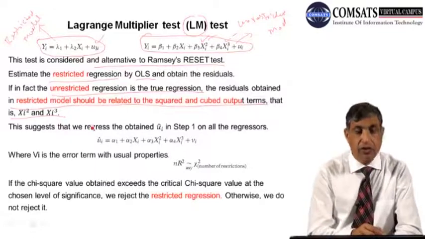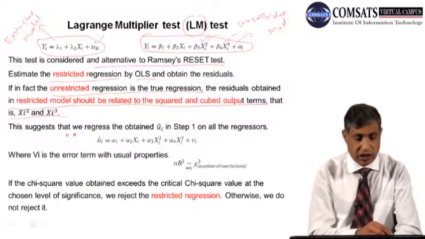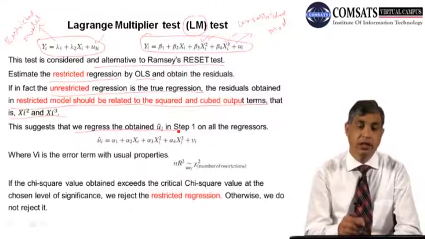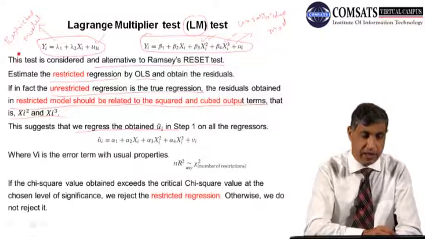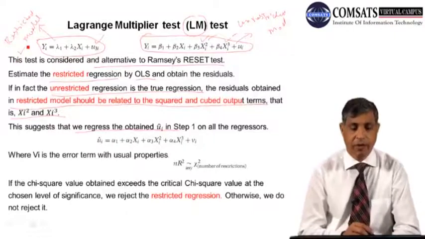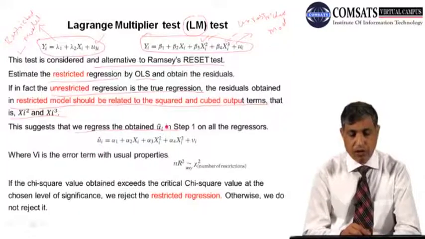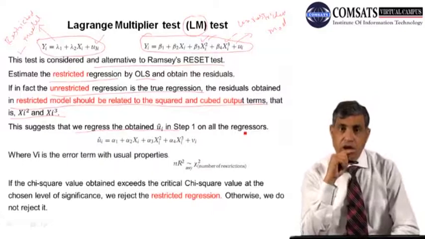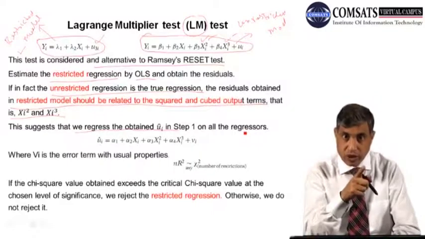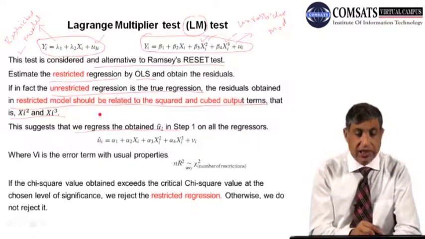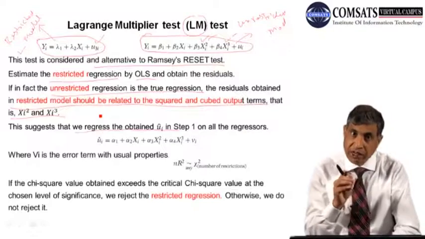This suggests that we regress the obtained ui hat, which you got in step 1 when you applied OLS, on all the regressors. We take ui hat, and there is now a suspicion of a link.